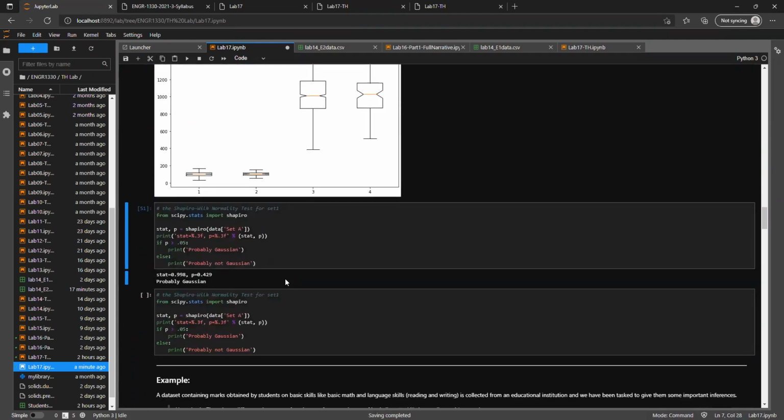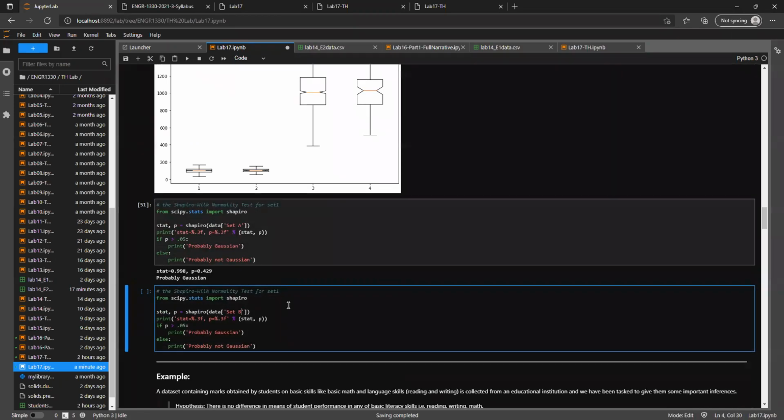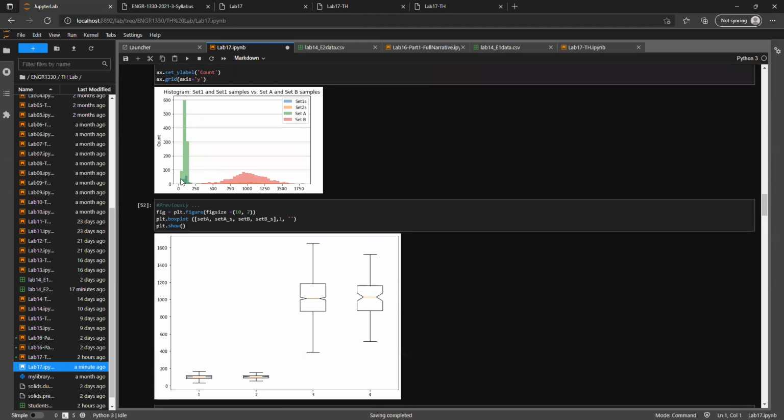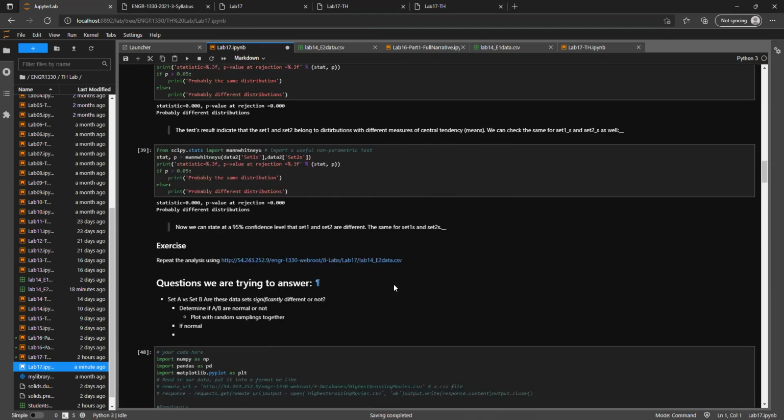Go. Set B, probably Gaussian. Okay. Well, we could have probably guessed that from the shape they look, but it's good to know for sure.